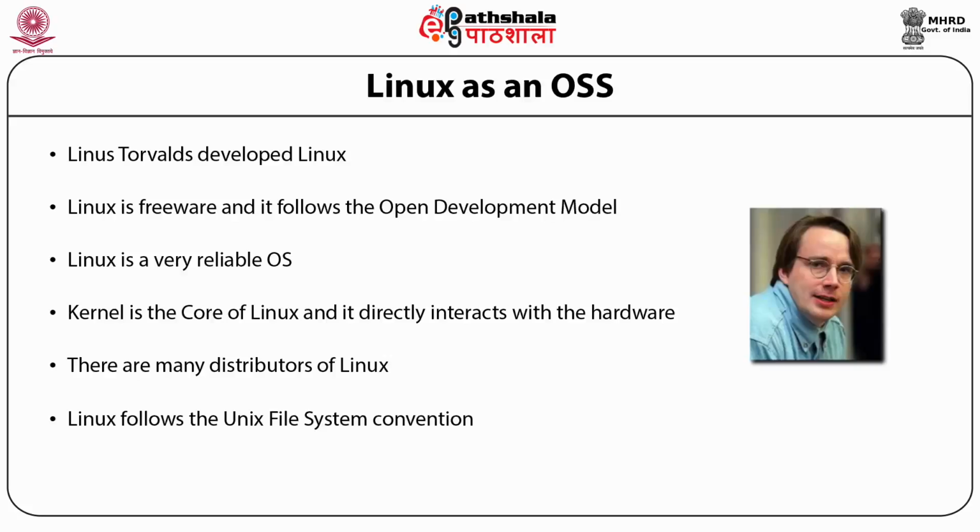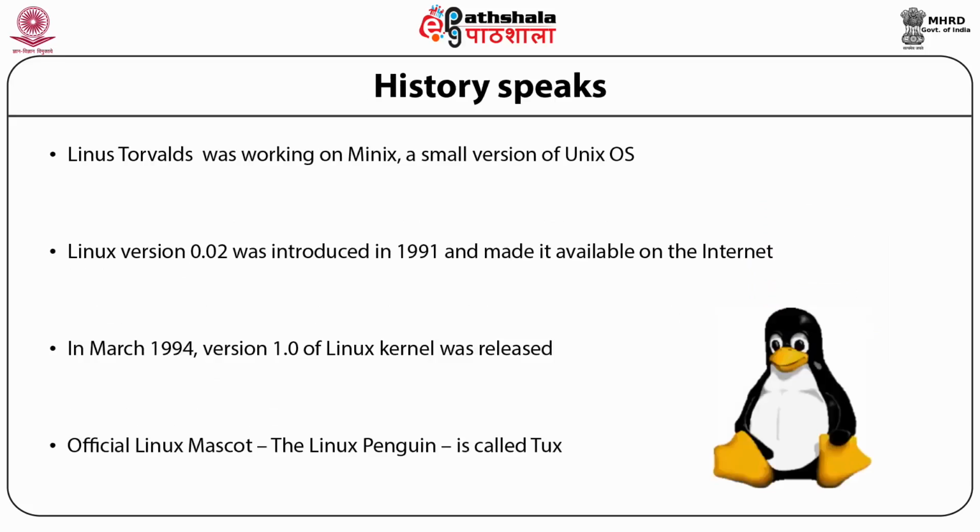Linux has a lot of distributions. In short, it is called distro. And Linux follows the Unix file name system because it is derived from Unix, and that has been given as free of cost. And the history says that he developed the 0.02 version of Linux in 1991 and just put it on the internet as a free code.